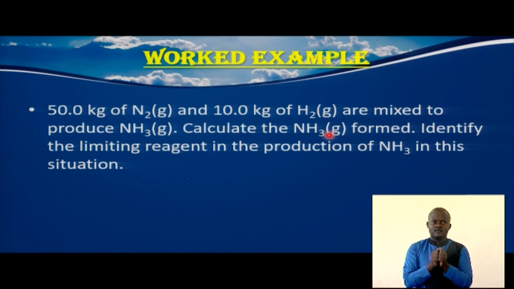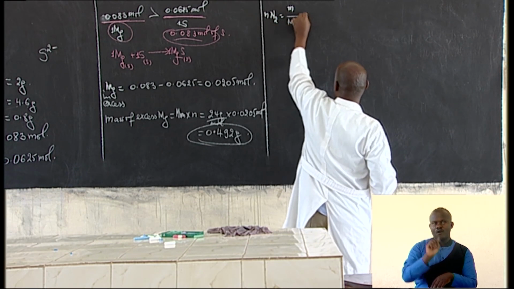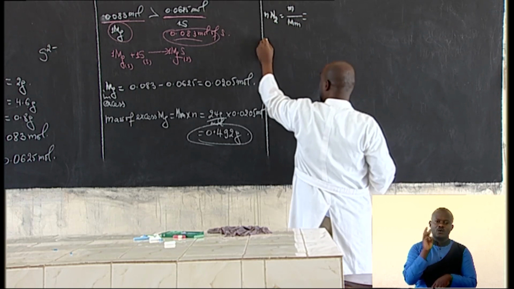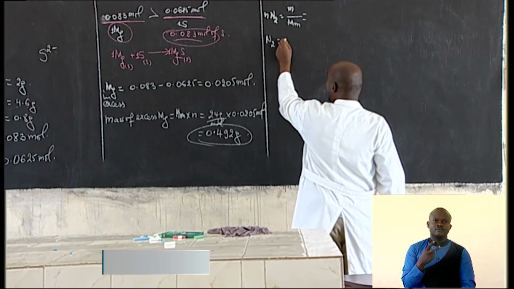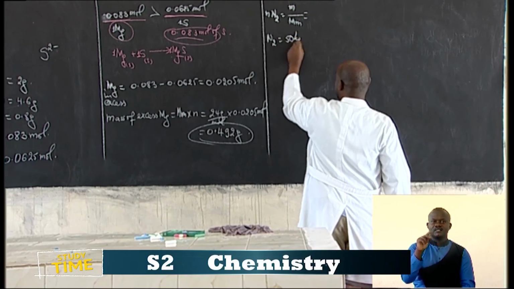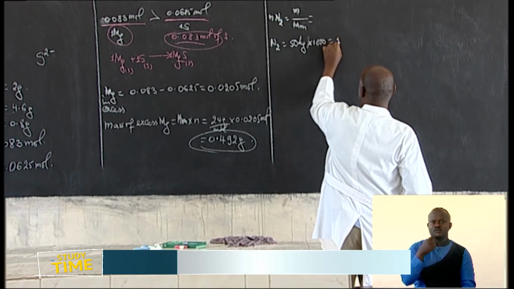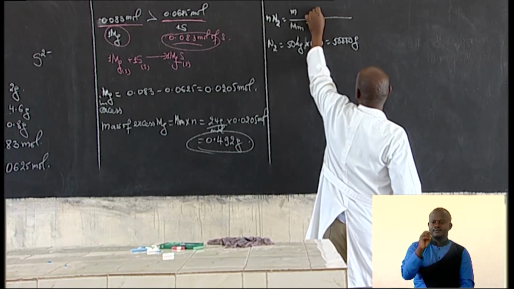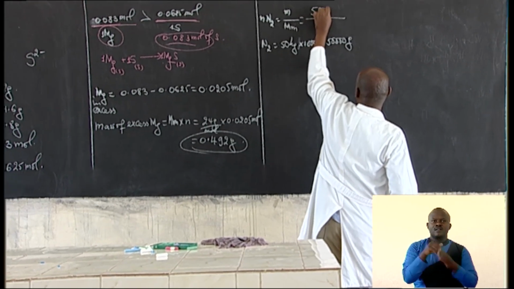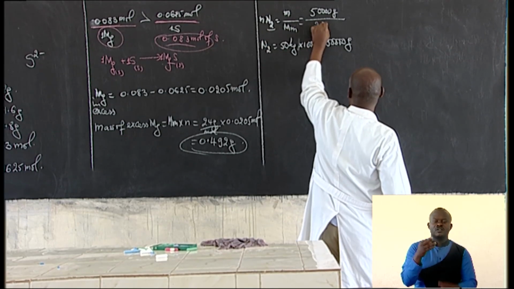Number of moles of nitrogen. Remember, we use mass over molar mass, and here it will be the mass of nitrogen. We have 50 kilograms, 50 kilograms times 1,000 to convert this into grams. So we have 50,000 grams over nitrogen has 28 grams per mole.